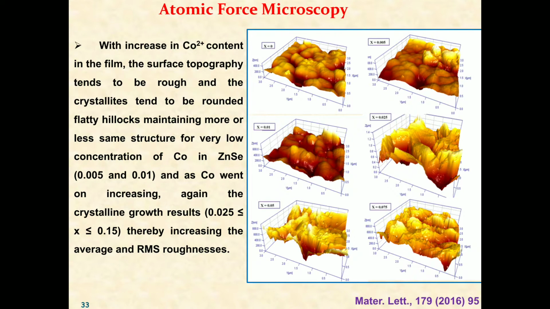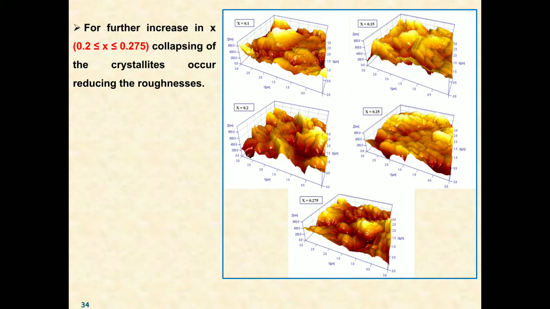As Co went on increasing, crystalline growth again results, increasing the average and RMS roughnesses. With further increases in x, collapsing of the crystallites occurs, reducing the roughnesses.